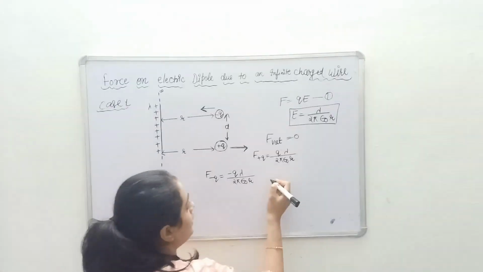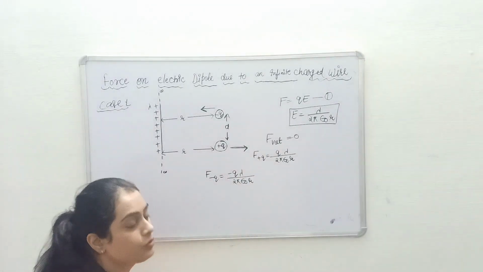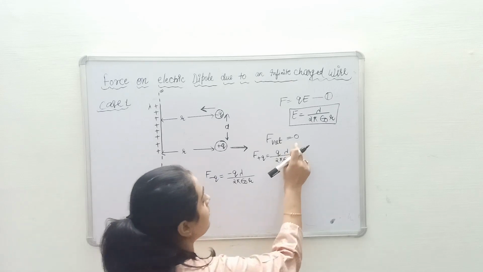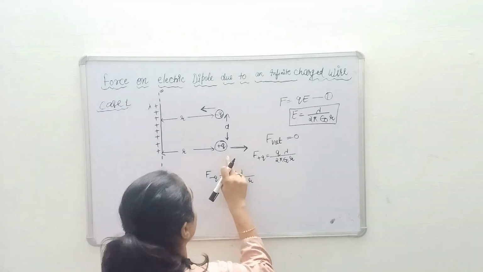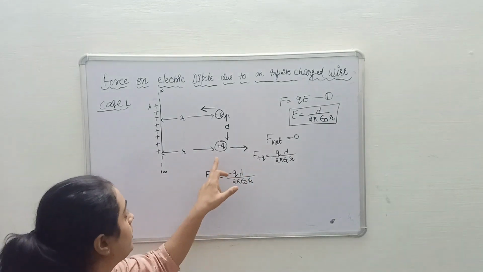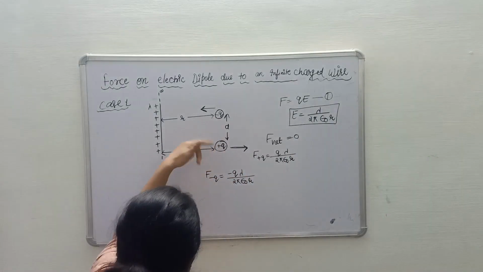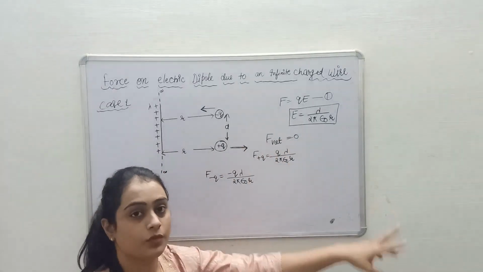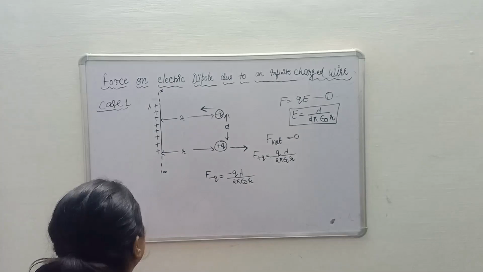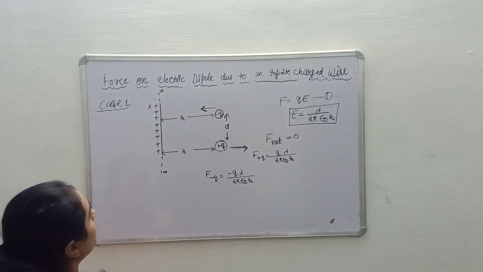If we add the vector sum of these two forces, we get 0. So there will be no force acting on the dipole if it is oriented in the direction of the infinite charged wire. Now take case number 2.